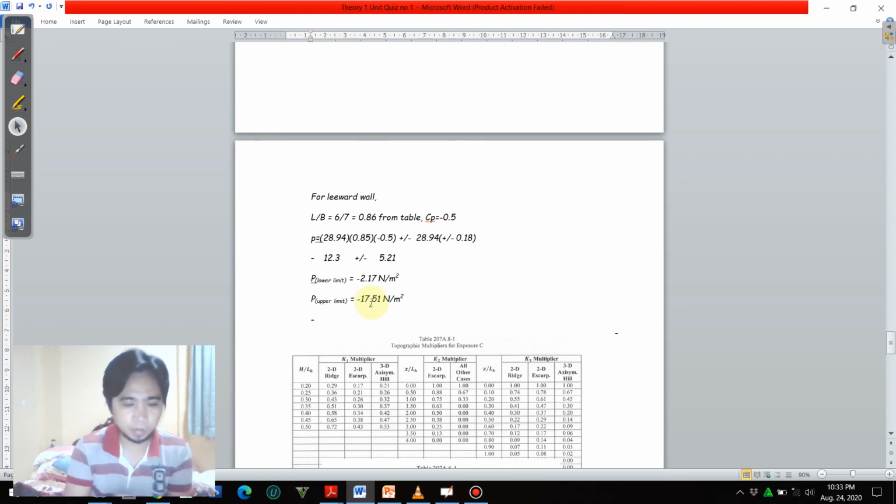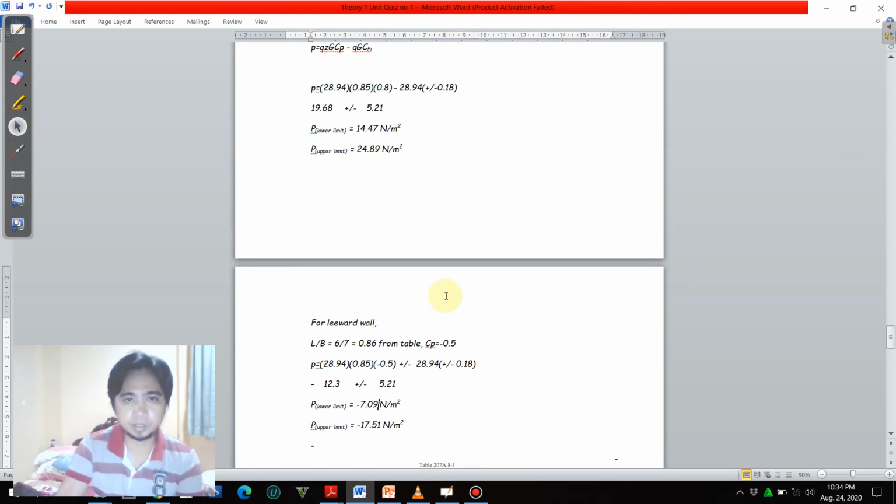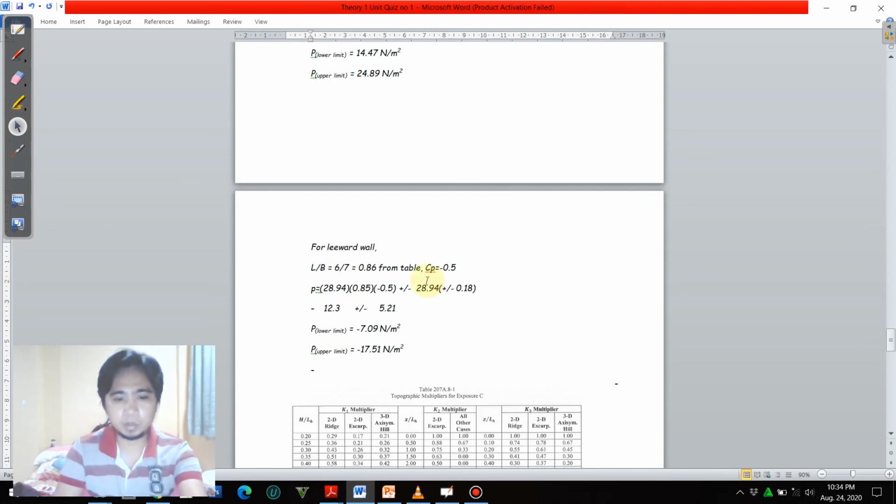And then for the other limit, we just have to do negative 12.3 plus 5.21, and we have negative 7.09, meaning both are suction pressure. Okay, both are suction pressure. So that's it for the wind load problem.